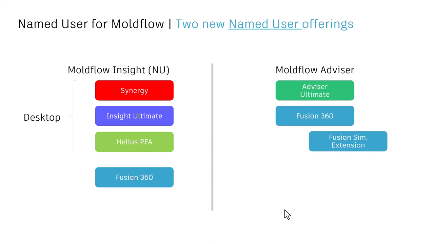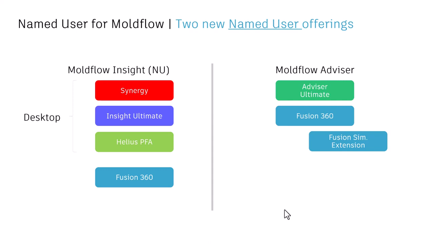This product comprises a GUI called Synergy, the Insight Ultimate bundle, that's the topmost, with all that Autodesk Moldflow has to offer in terms of capability. Along with that, you'll also get access to the Helios PFA, a seamless data exchange between Moldflow and the structural CAE solutions like Autodesk Nastran and ANSYS.